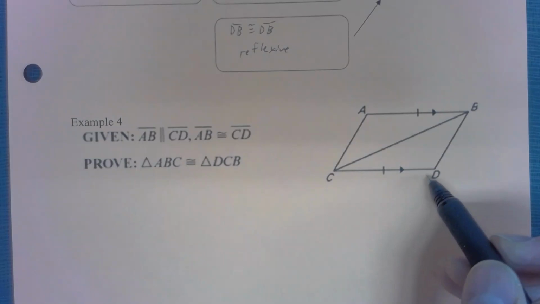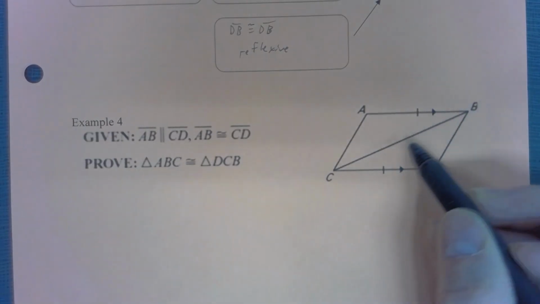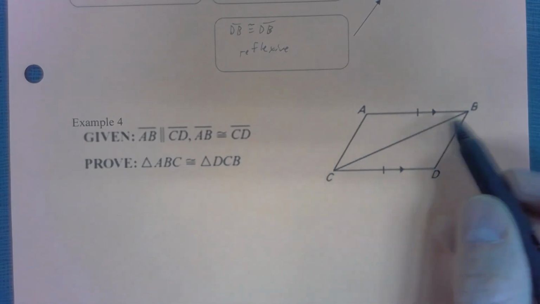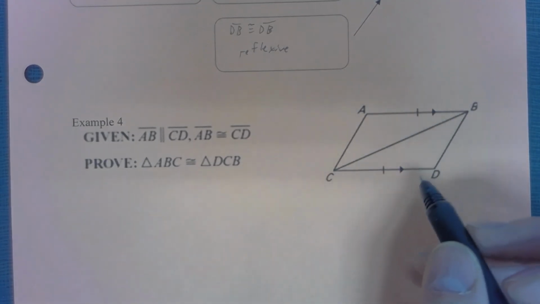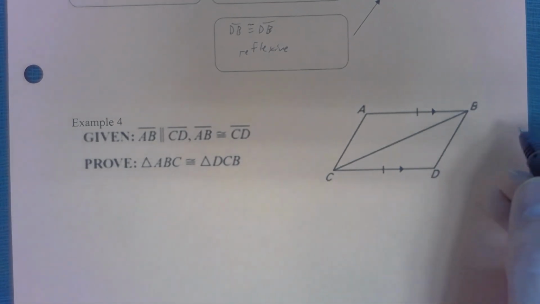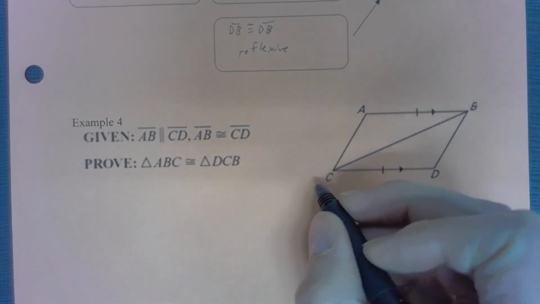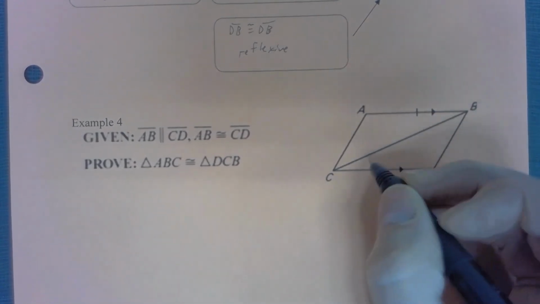These are parallel. Well, when we talked about parallel lines, any segment or line that connects the parallel lines together, that intersects both of them, forms angles with those parallel lines. And we know something about the angle pairs on parallel lines from a previous unit. Notice CB forms an angle with AB. It also forms an angle with CD.